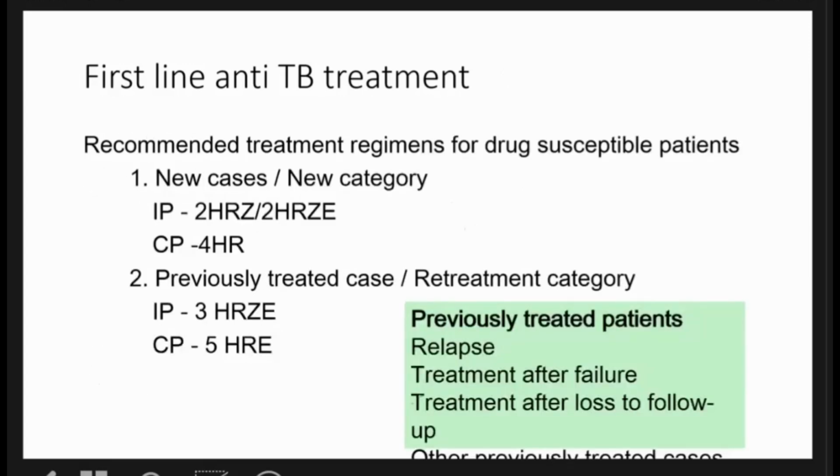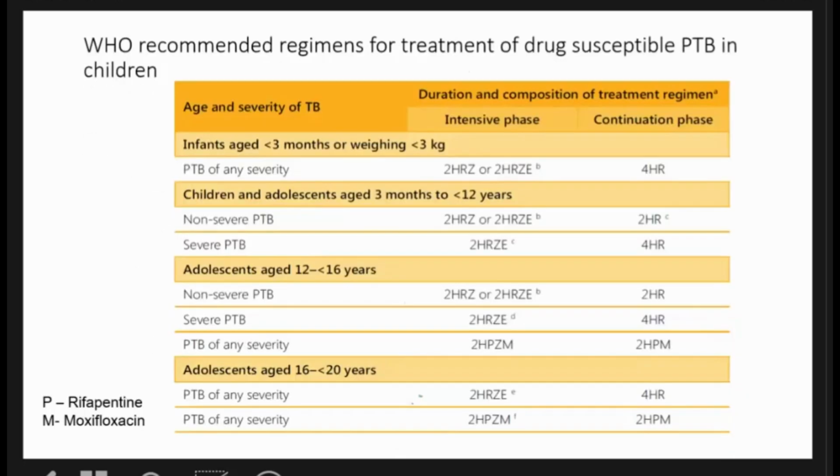Conventionally, first-line treatment comes as the new category or the retreatment category, depending on whether the patient is new or previously treated. Retreatment category patients are those who had relapse, treatment after failure, or treatment after loss to follow-up.